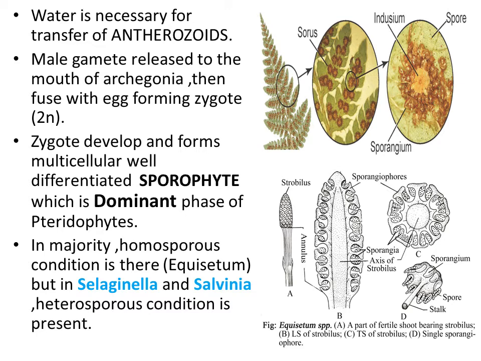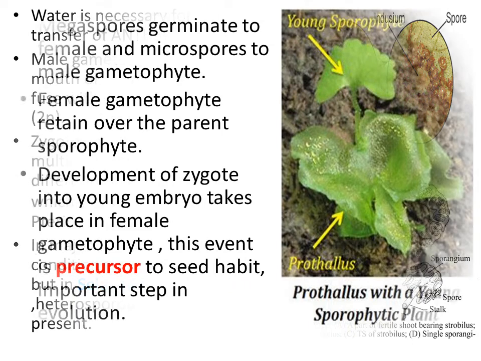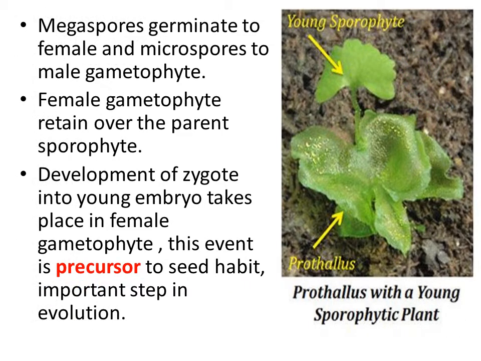There are two types of spores formed, the megaspores and the microspores. The megaspores will germinate into the female gametophyte and the microspores will germinate into the male gametophyte.